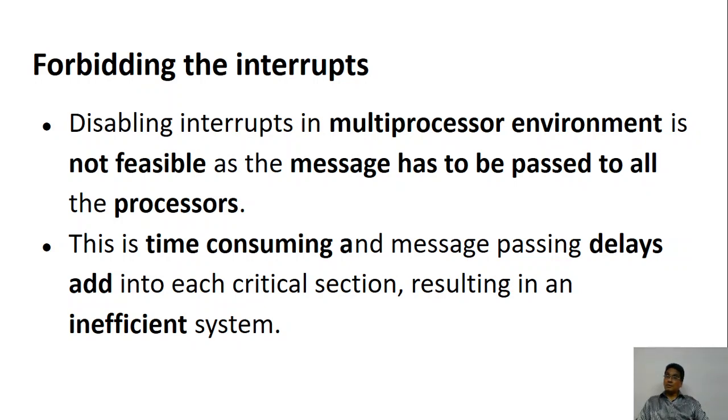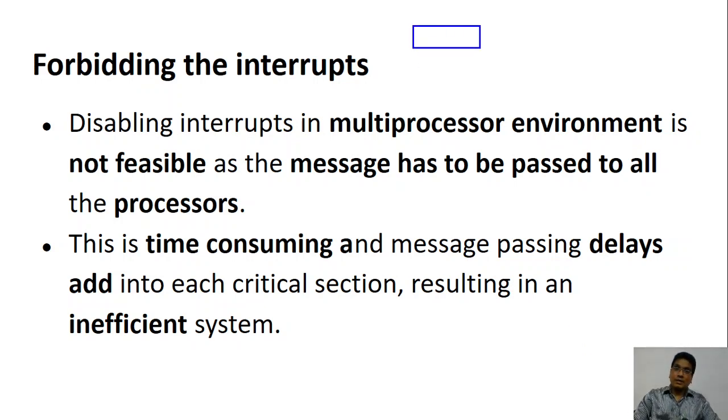CPU. So you have to stop all the CPUs from getting interrupted. Why? You may say, you are working on your CPU, and if another CPU is doing work, what is the problem? Let's look at that very quickly.